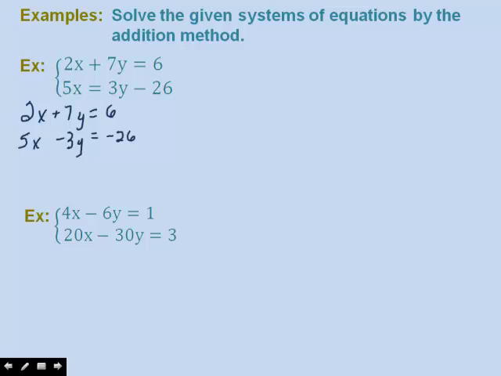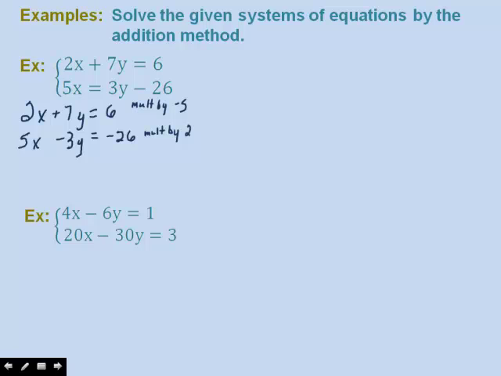So if we multiplied by something so that we had a 10x and a negative 10x, those two would cancel out. So let's multiply this one by a negative 5. That will give us our negative 10x, and let's multiply this one by a positive 2. So that will give us a positive 10x and a negative 10x.